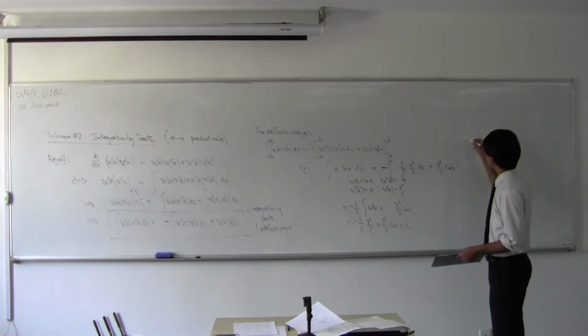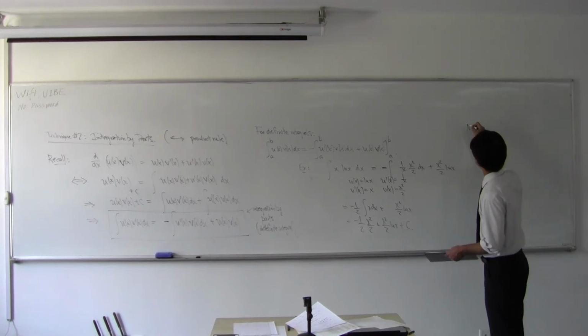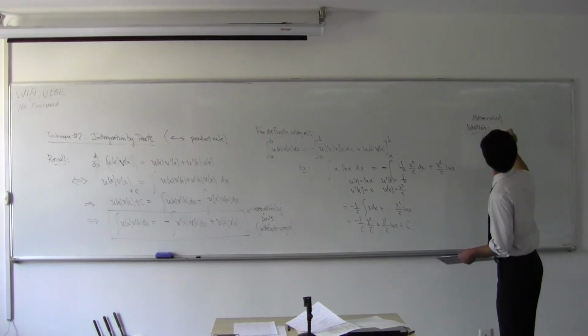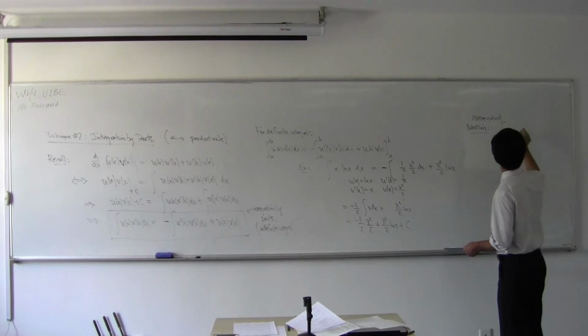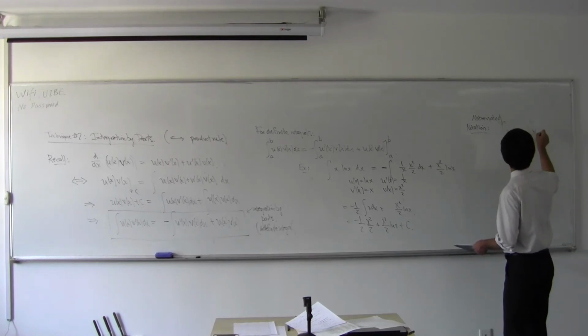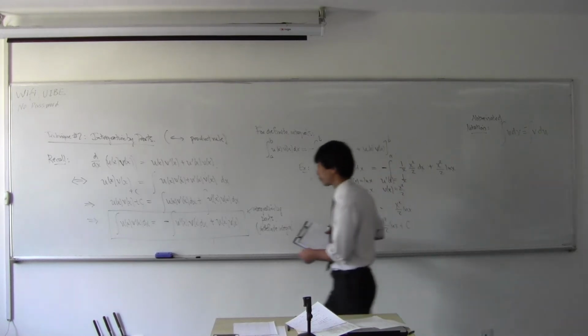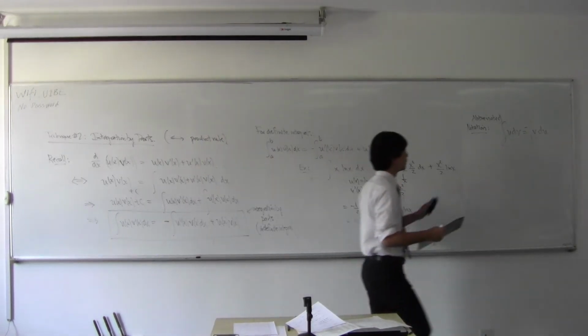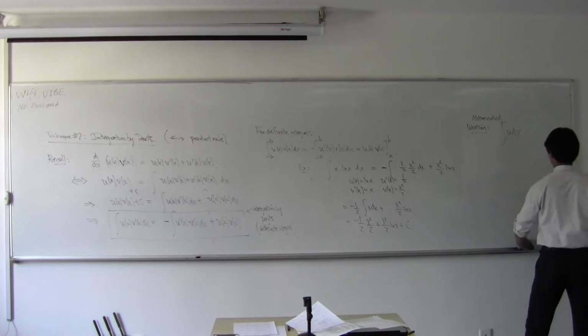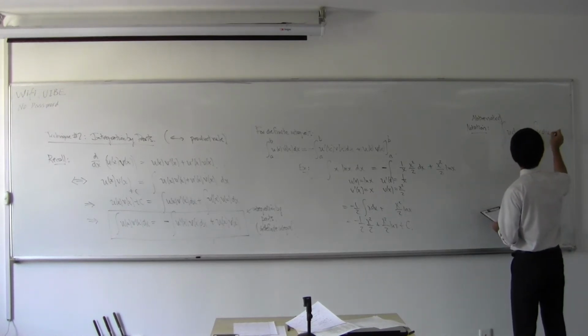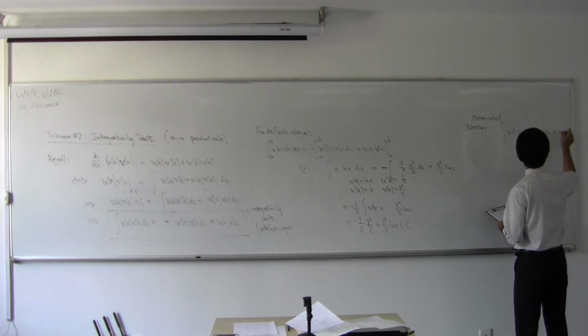There's an abbreviated notation that people use. They write it like this: the integral of u dv equals negative the integral of v du plus u v.